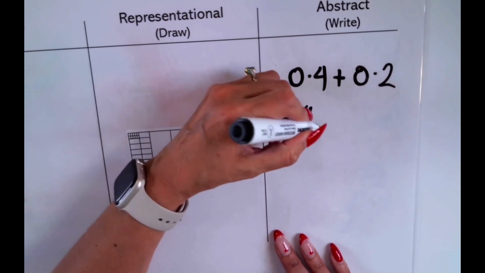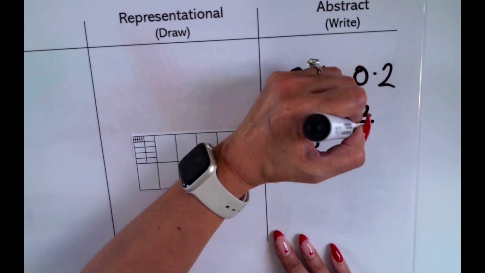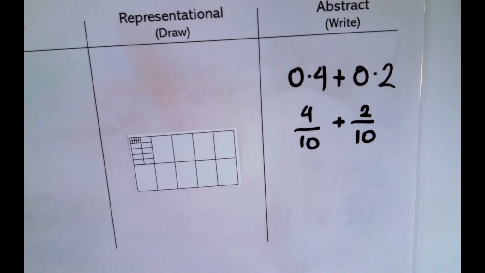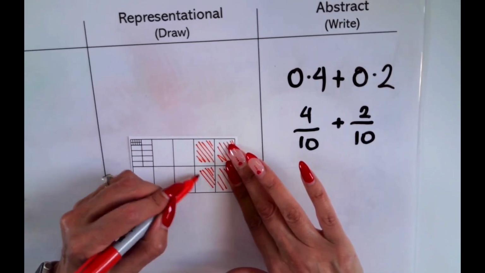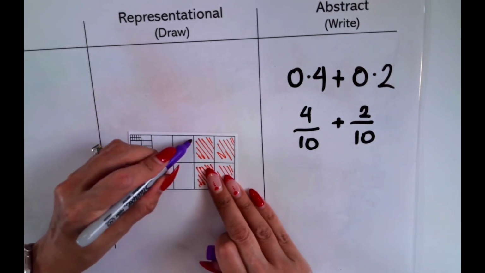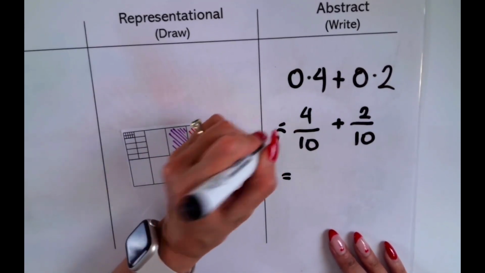So 0.4 is also 4/10, and 0.2 is 2/10. So I'm going to rewrite them, and I'm going to encourage the students to do that too. Then I'm going to get them to color in 4/10, color that in well. And then I'm going to get them in a different color to color in 2/10. So you can see now that altogether I have 6/10 shaded. So I can rewrite this.